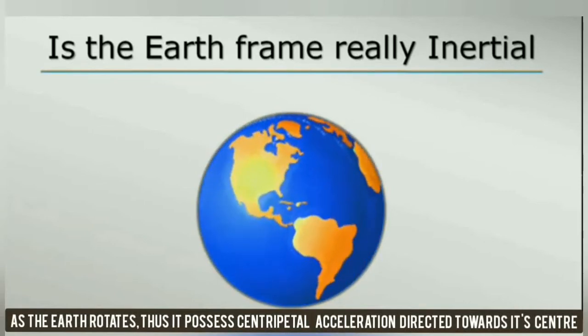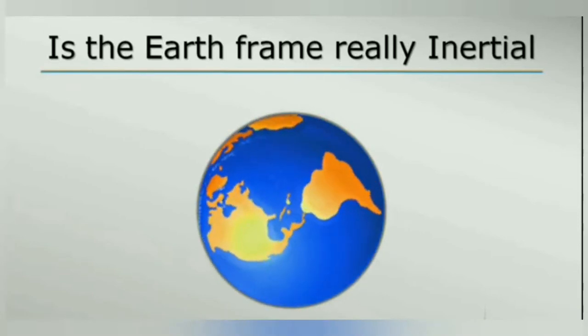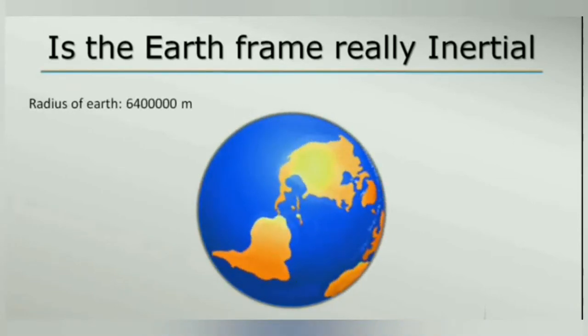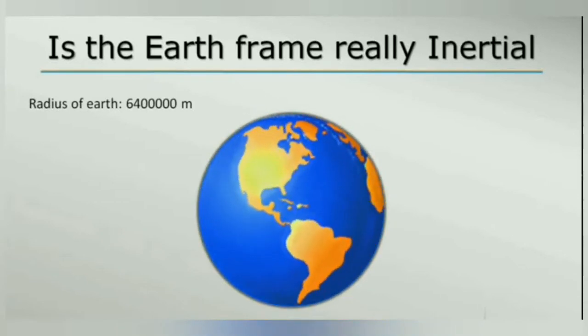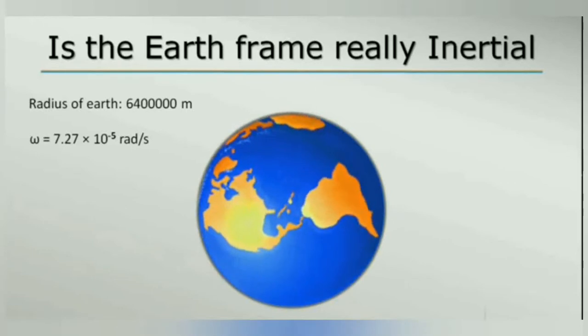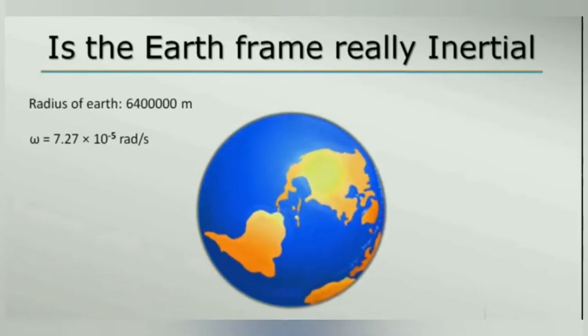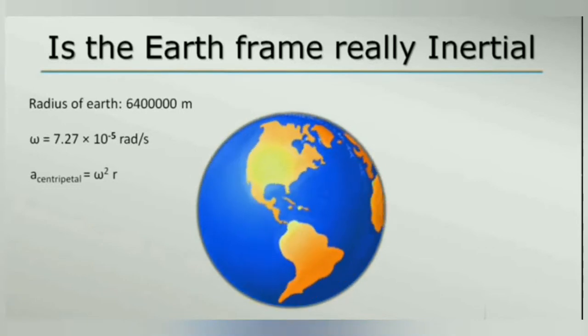So, as the rotation of the Earth causes acceleration, therefore let us find out the value of the centripetal acceleration. Radius of the Earth is 6400 kilometer, and as I have said, the angular speed is 7.27 into 10 to the minus 5 radian per second.